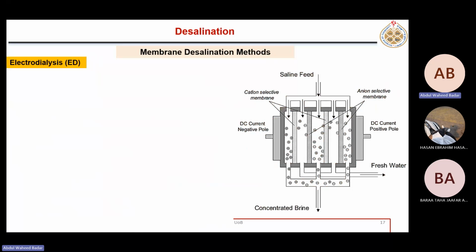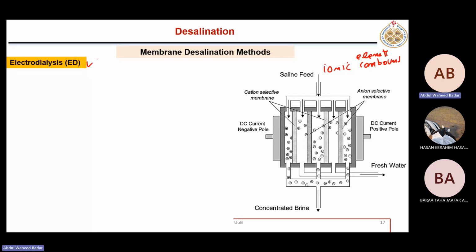Another membrane desalination method. Here again, it's not thermal. That is called electrodialysis. Here, an electric field is used to remove ions, ionic compounds, which are present in the seawater.